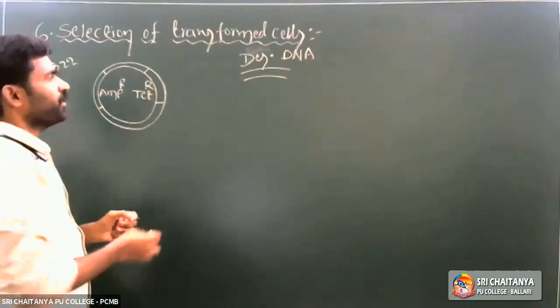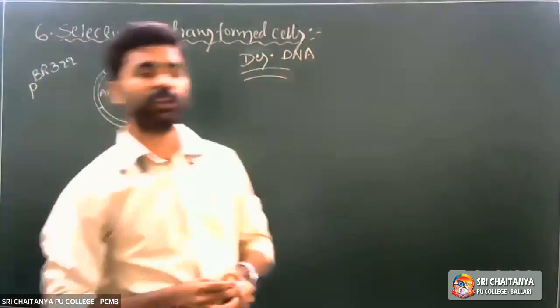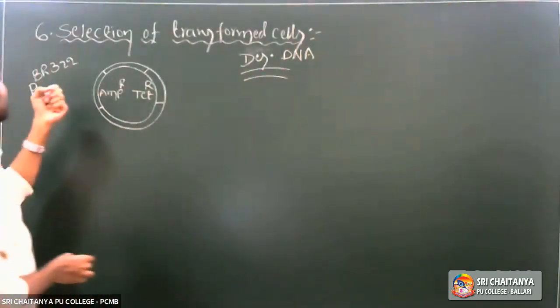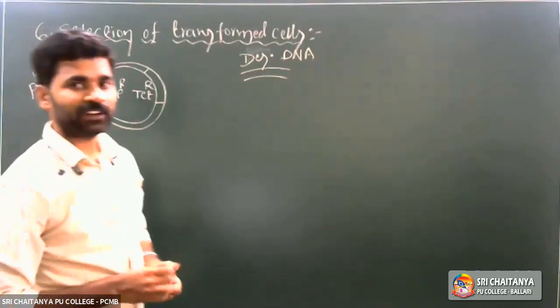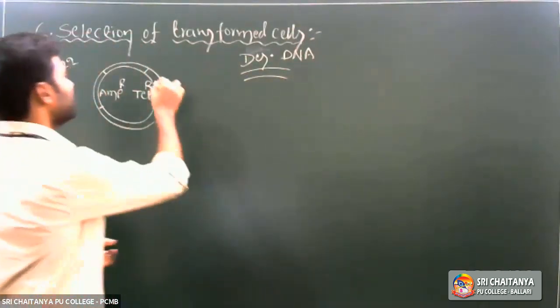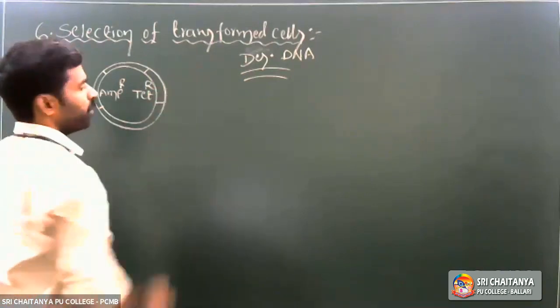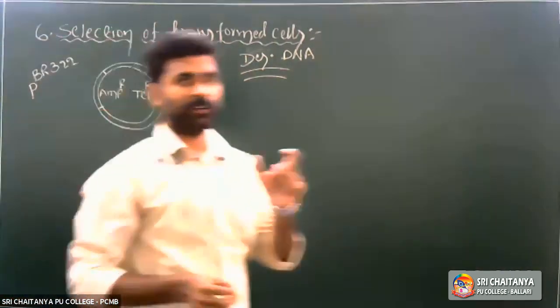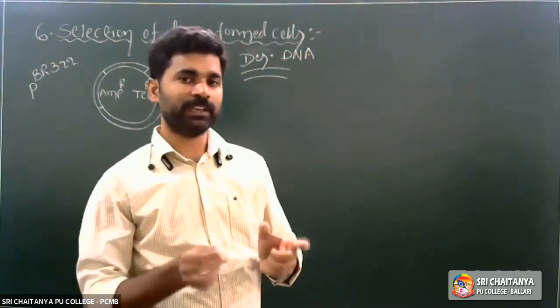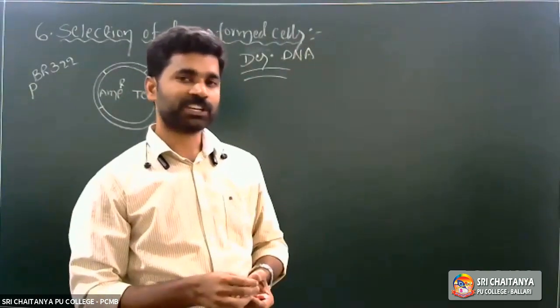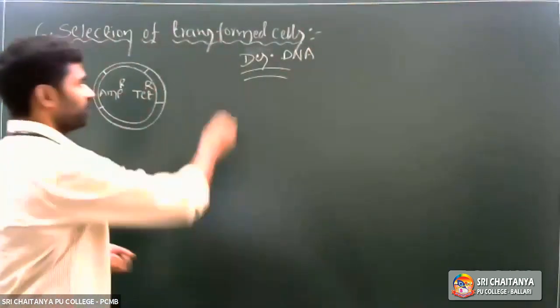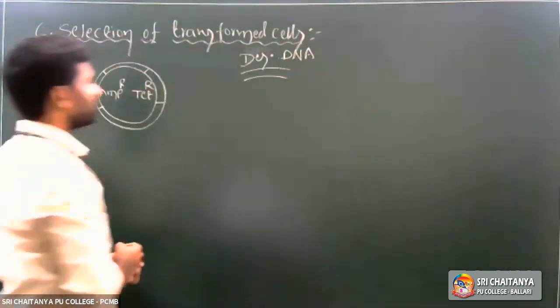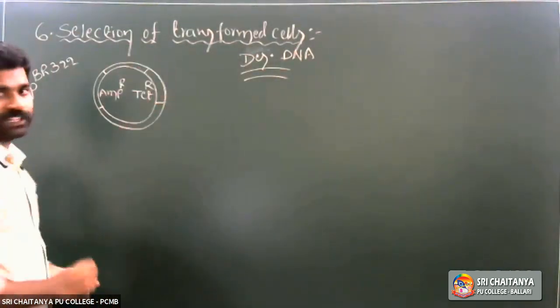So what type of restriction endonuclease enzyme are we using for cutting the foreign genetic material and the pBR322 vector here? BamHI, in simple form BamHI. We use the BamHI restriction endonuclease enzyme for cutting the desired genetic material and the vector genetic material.